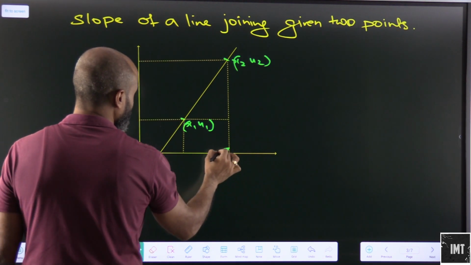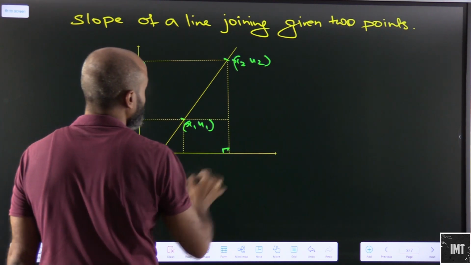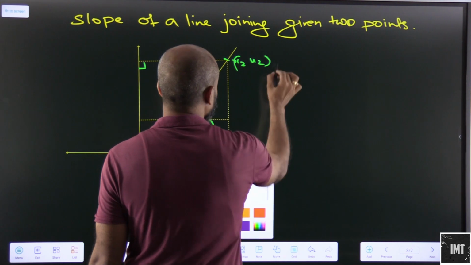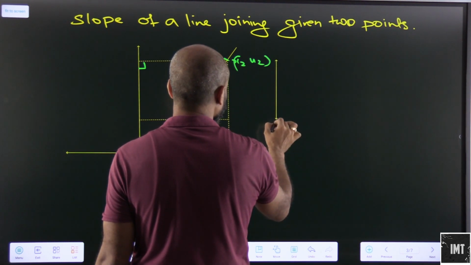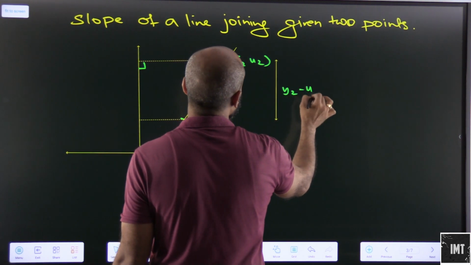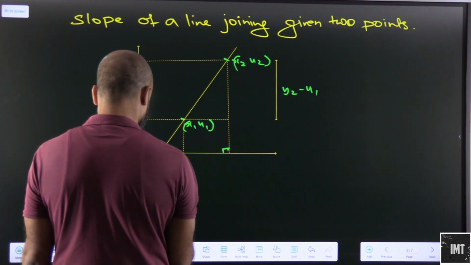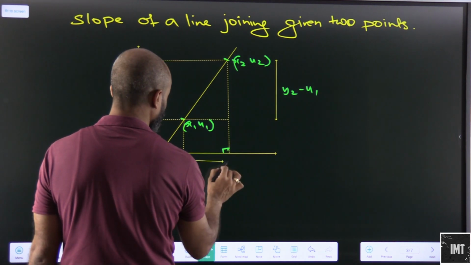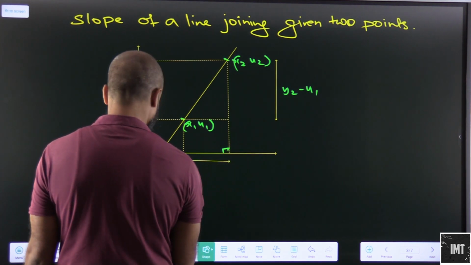Okay, so we know that this length is going to be how much? This length is y2 minus y1 and this length is going to be x2 minus x1.